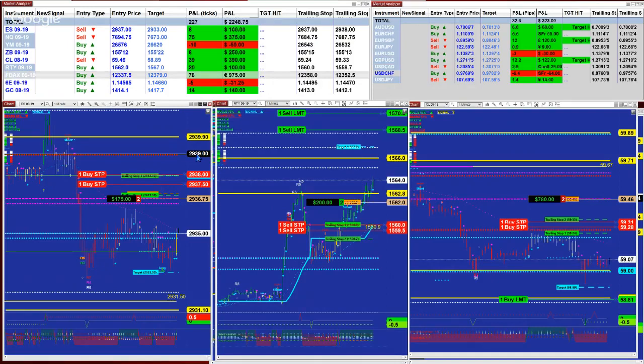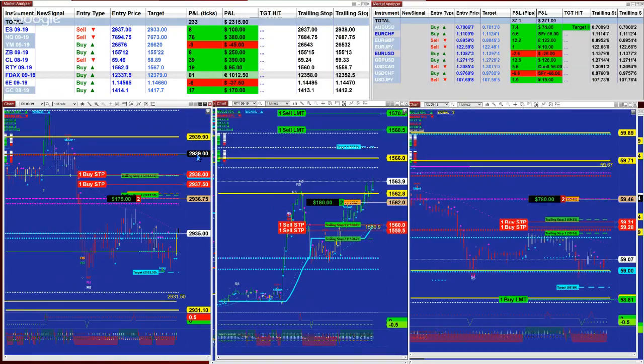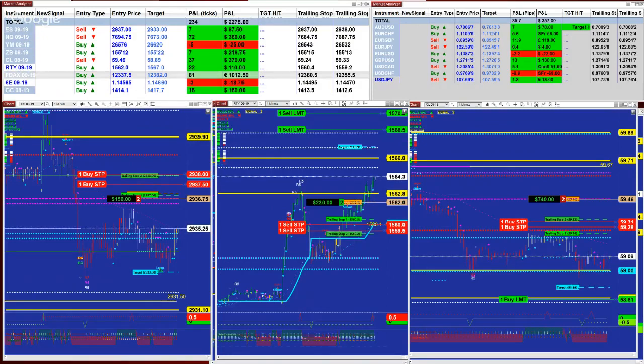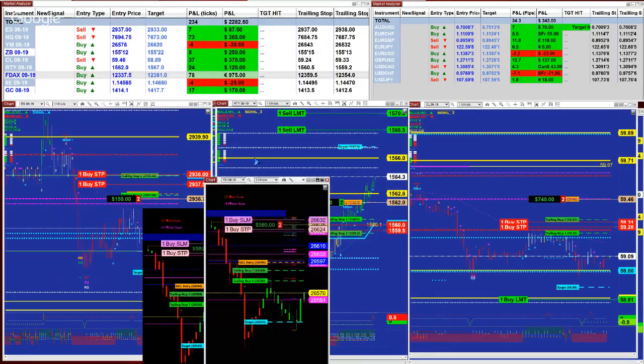So we're going to wait. Because the ES is about to cross and we still have a trade on the YM, I'm going to start closing those positions. I'm looking for a new trade.